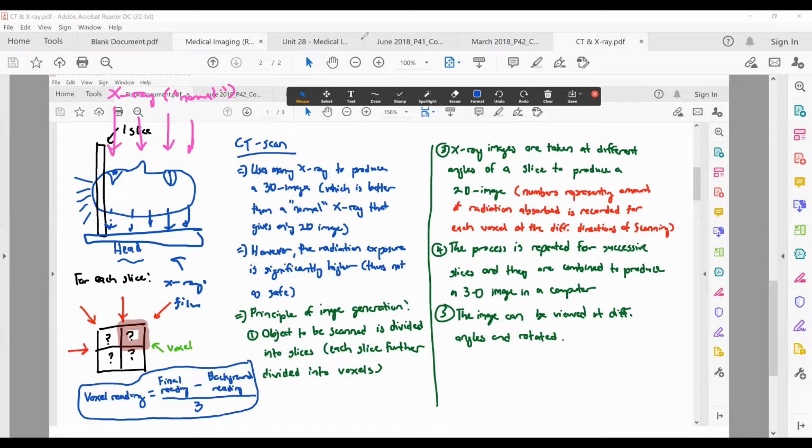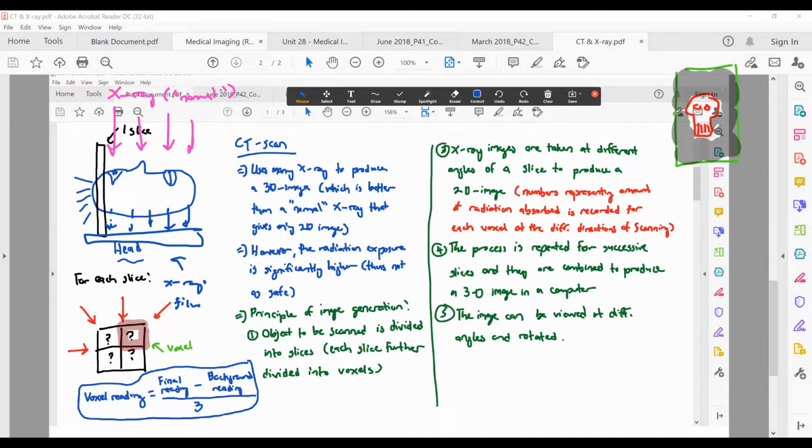So at the end of the day, the image you get is something that looks like this. You look at the X-ray film, you see the outline of a person's skull, and then the remaining portions of the film will just be darkened.